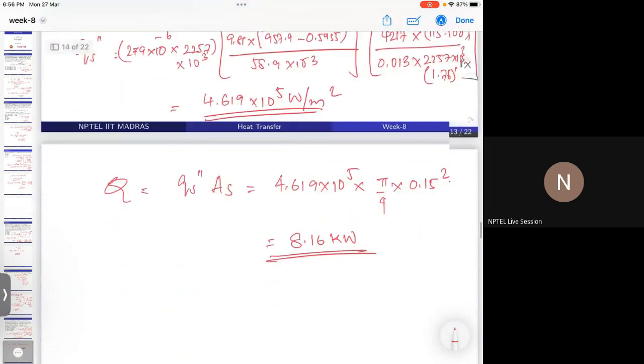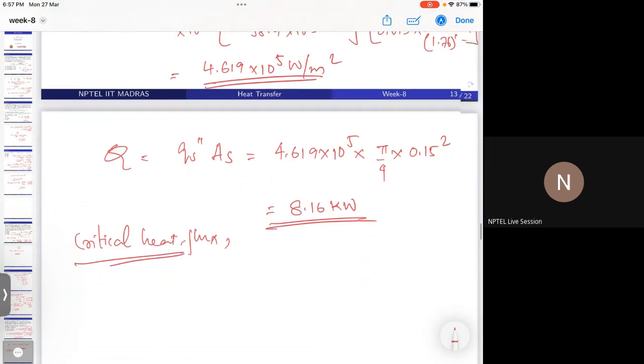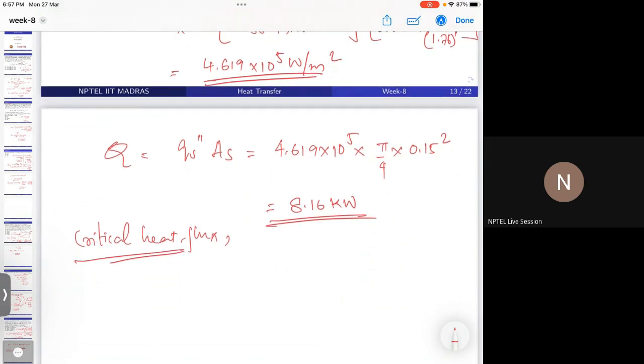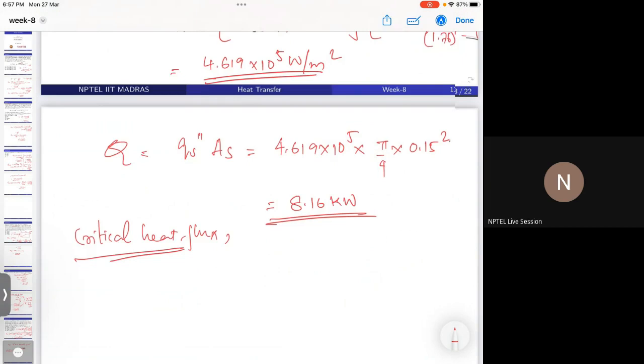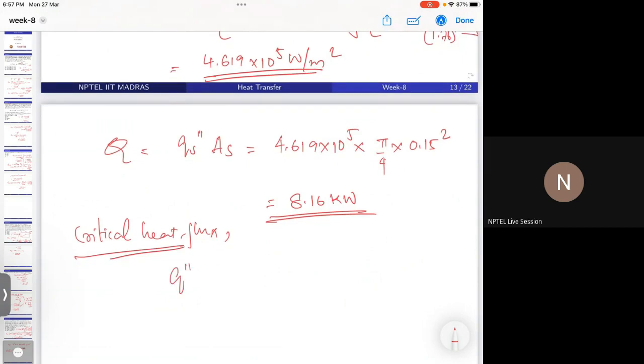Now we have the critical heat flux. That correlation is also given.